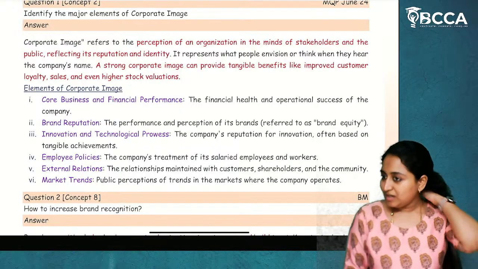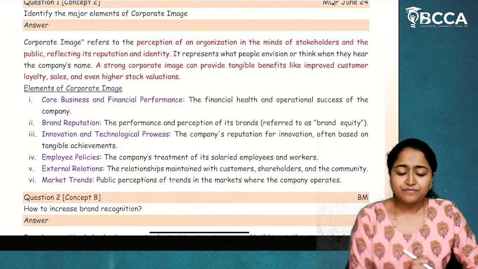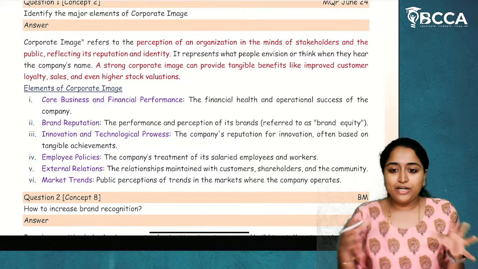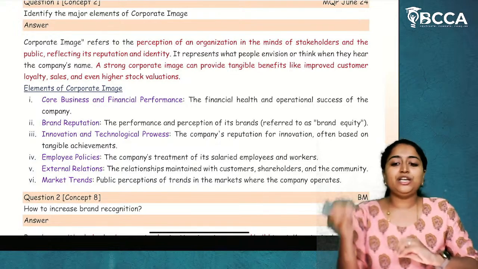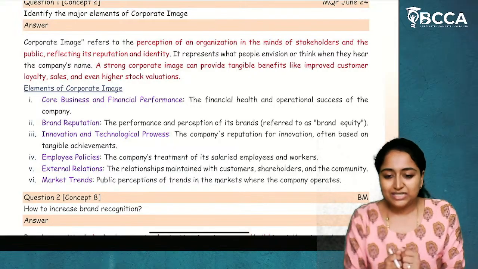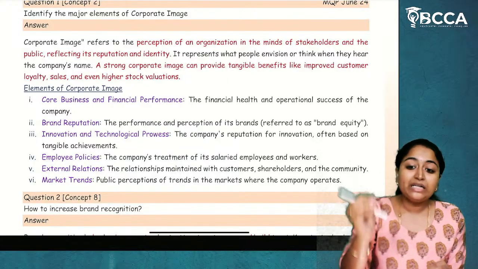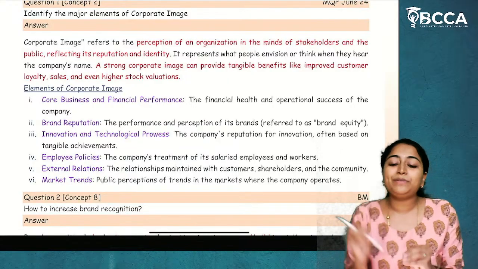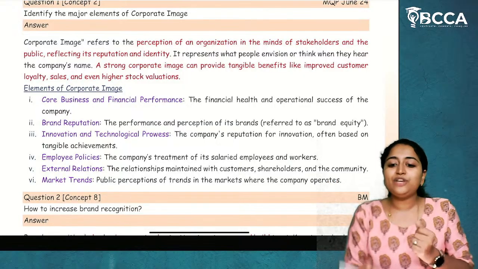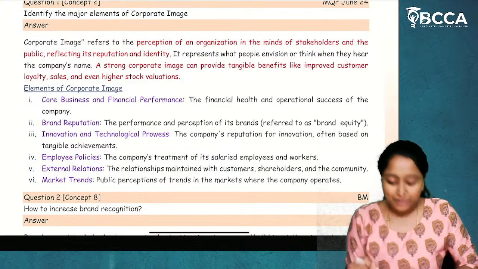For example, if you are going to purchase a shirt, many boys will think that there are many kinds of brands. If Allen Solly or any other brand instantly comes to your mind, the perception you have for that particular brand is the corporate image which that company has. So instantly when you hear the company's name, whatever perception you get, that is the corporate image.